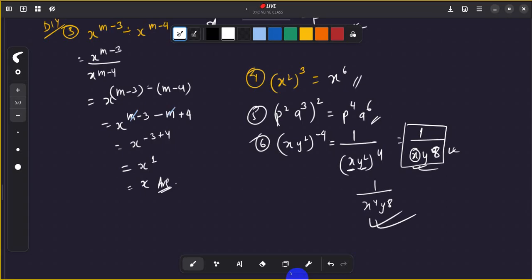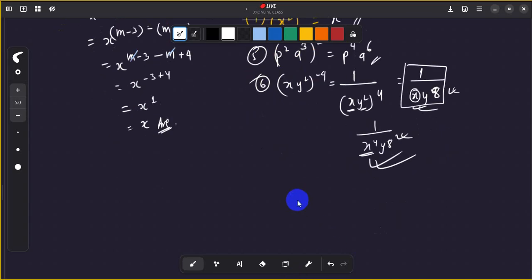So whenever we open this bracket, this power 4 will go with x and y square, for both. So x will have the power of 4, x to the power 4, and in the case of y the powers get multiplied, so y to the power 2 times 4 is 8. So that's why this answer is correct.